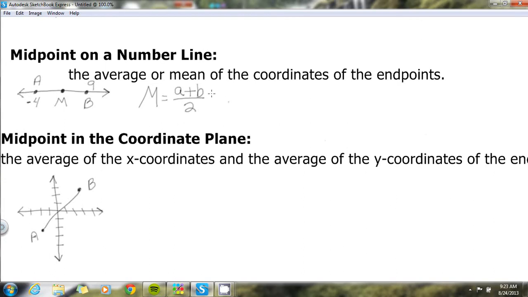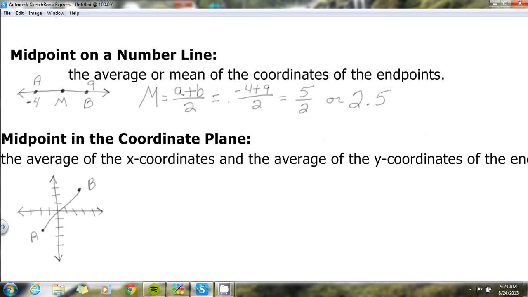Then the midpoint of segment AB would be -4 plus 9 divided by 2, which would give us 5 divided by 2, which is 2.5. That would be the midpoint of this segment on the number line.